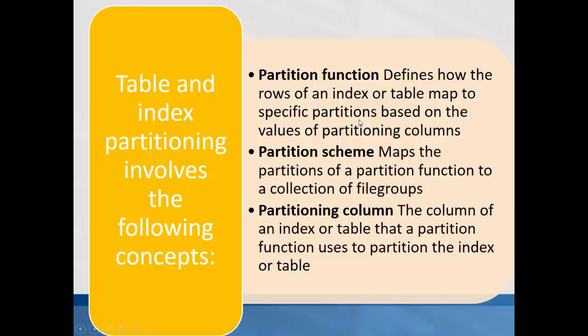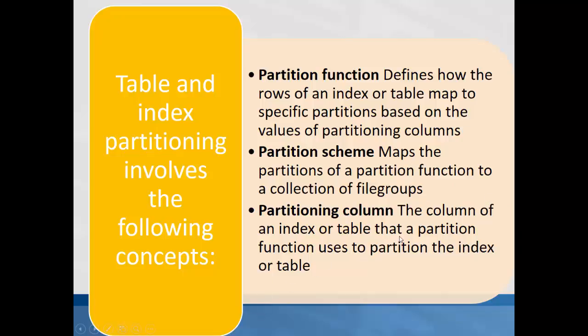So when we create a partition, suppose there are 1,000 rows, you can just assign 500 rows to one partition and 500 rows to the second partition. So that's the partition function. Partition scheme maps the partitions of a partition function to a collection of file groups.